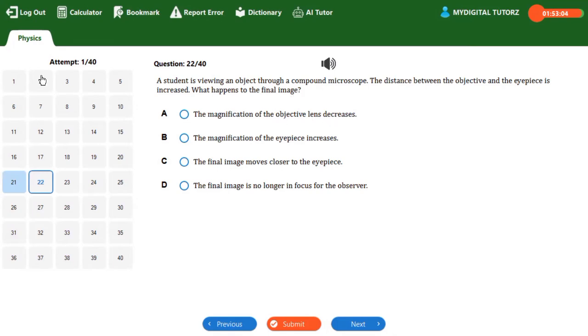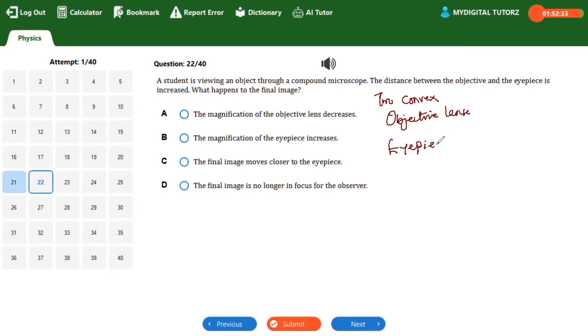So what is a compound microscope? A compound microscope is a combination of two lenses, right? It's a combination of two convex lenses. One is said to be the objective lens, and the other is said to be the eyepiece.